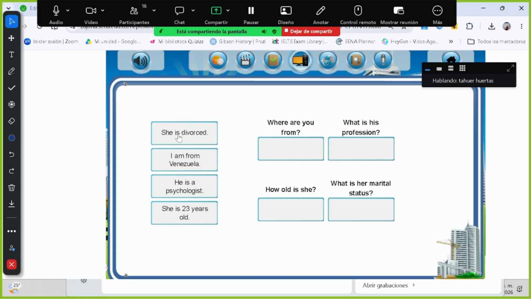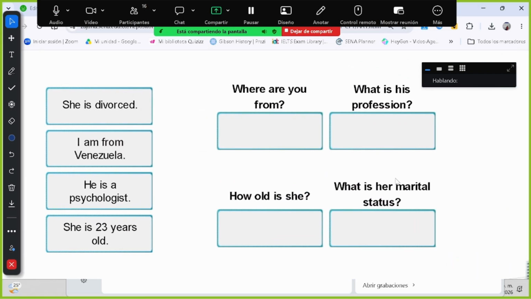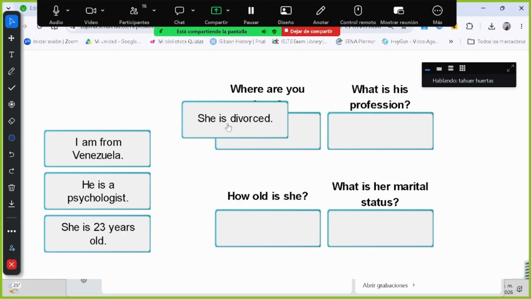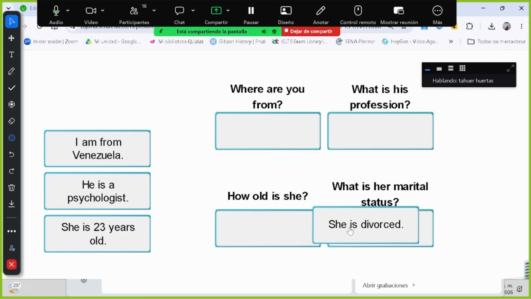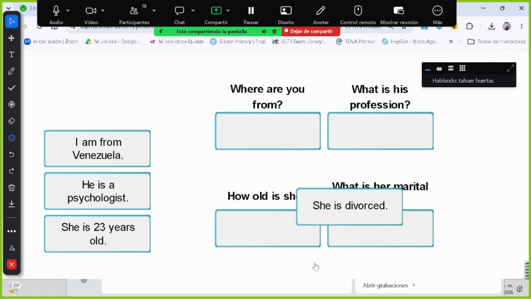You click on the answer and you drag it to the correct question. What is the correct question for this answer? She's divorced. Tell me, where are you from? What is his profession? How old is she? What is her marital status?